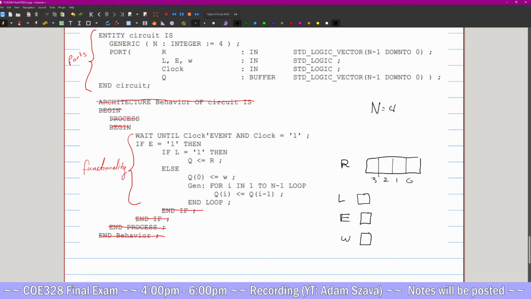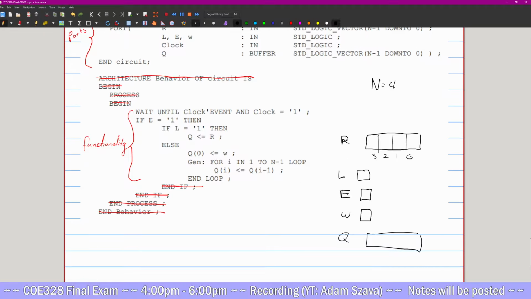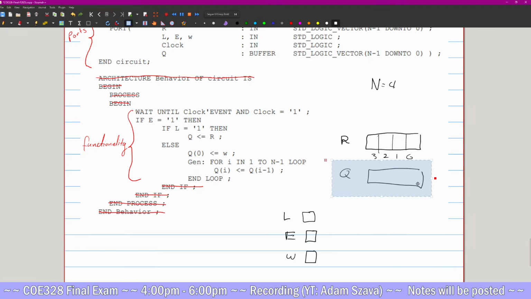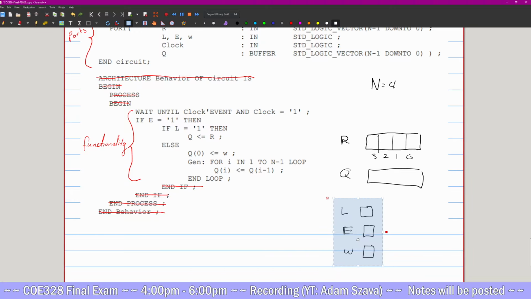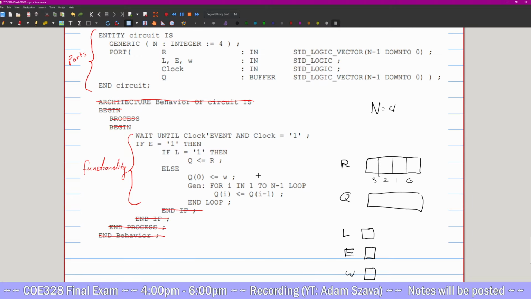We have clock, which you don't care about the value of. You can see in this very first line here that it waits until clock event, clock has changed, and clock is 1, so it's a rising edge, so we don't really have to care about that. And then Q is this buffer, but it's also 4 values, just like R is, right? So maybe I'll actually put them together. There are 2 vectors, and then L, E, and W are our single bits.